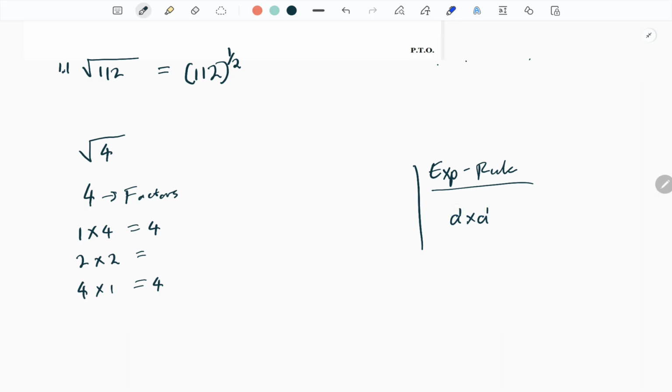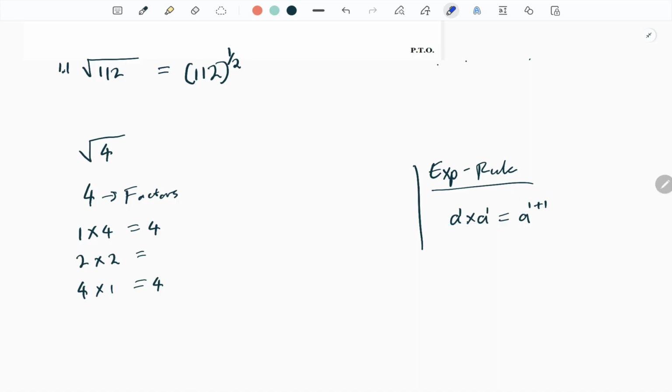Now because the bases are the same, we can say this is the same as a to the power 1 plus 1. Why? Because this base is a with exponent 1, and that base is a with exponent 1. So as long as the bases are the same, when multiplying we can add the exponents.